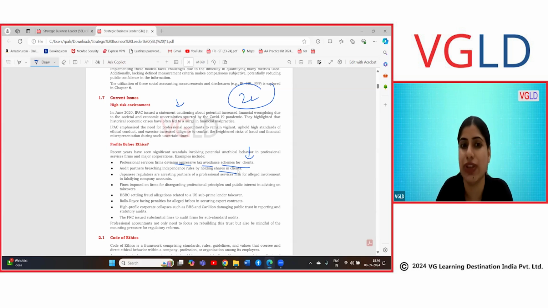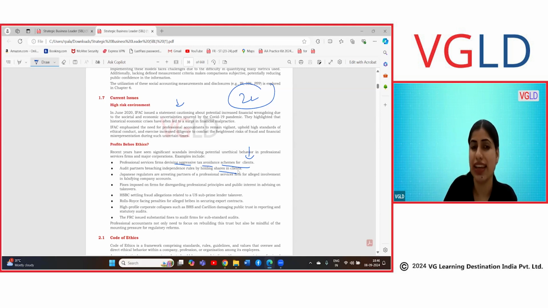That will create a self-interest threat, because they won't publish such information which might not be good for the company, because they know that if I report something negative about that specific company, the value of the share is going to decline. So that's why they think of being silent or ignorant in those specific areas.